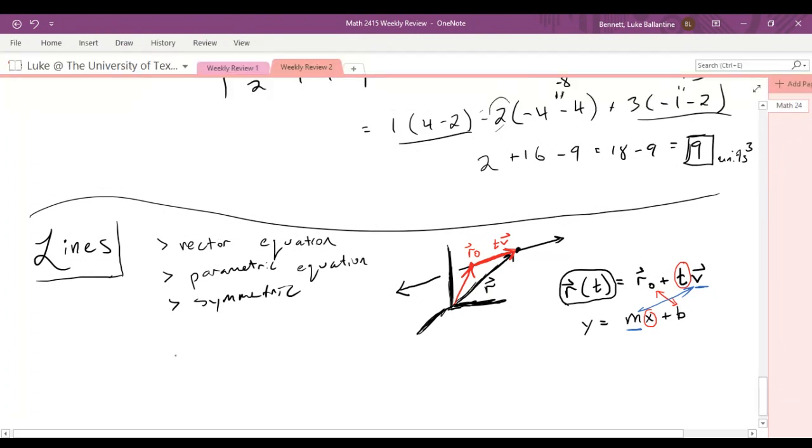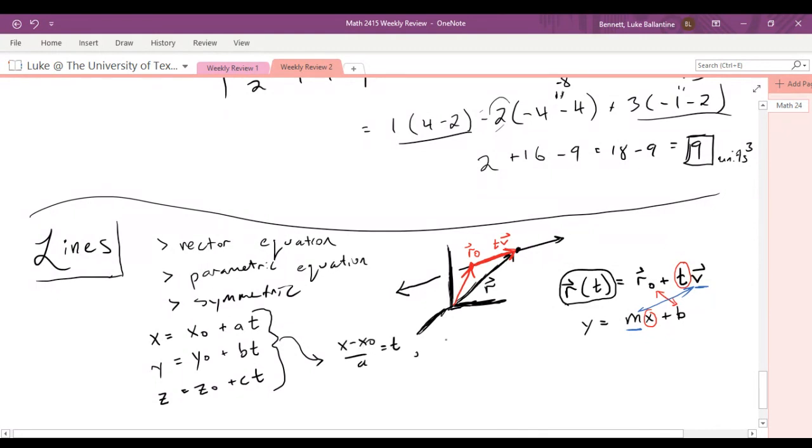Now, parametric equations. The parametric equation of a line would be x equals x naught plus at, y equals y naught plus bt, z equals z naught plus ct. If we solve all of these for t, for the first one we would get x minus x naught over a equals t.